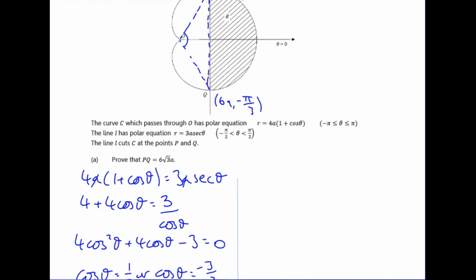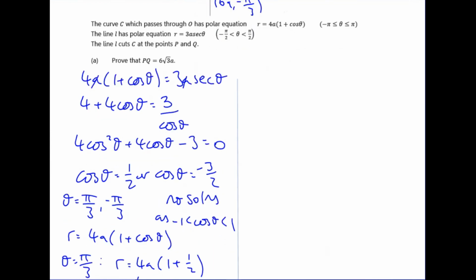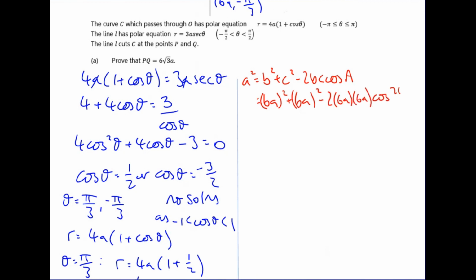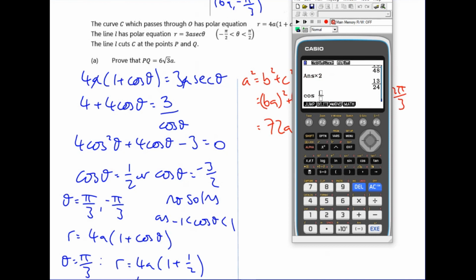So this angle in here, that's 2 pi over 3. We've got our two sides both 6a. So a squared equals b squared plus c squared minus 2bc cos A. That's 6a squared plus 6a squared, minus 2 times 6a times 6a times cos of 2 pi over 3. 36a squared plus 36a squared is 72a squared, minus 72a squared cos 2 pi over 3, which is minus a half.